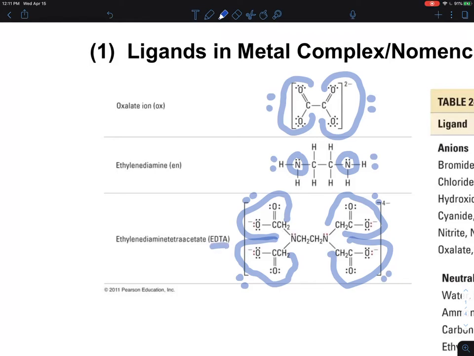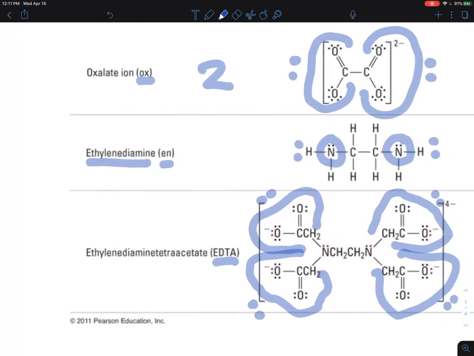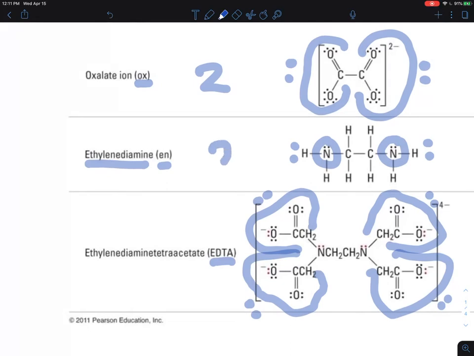The oxalate ion, which is from oxalic acid, is a coordination number 2. And the ethylene diamine, which will show up a lot, and you want to know what en means, is also a coordination number 2, and EDTA is a coordination number 4.